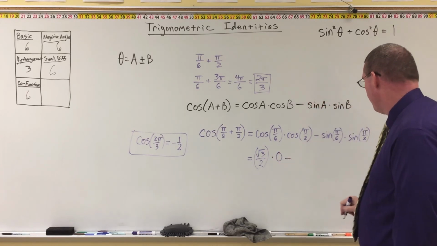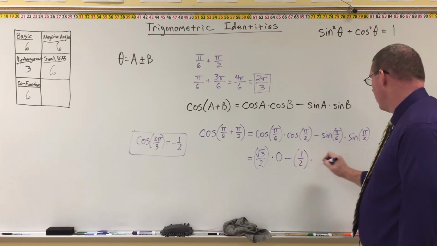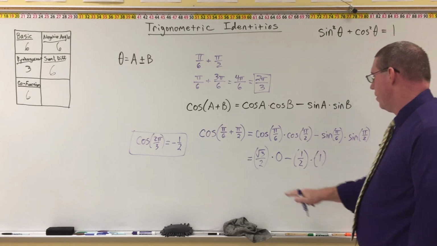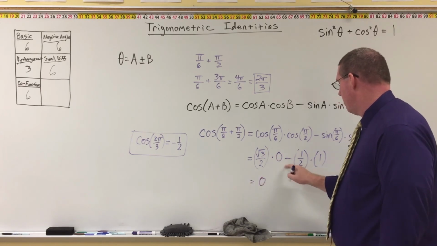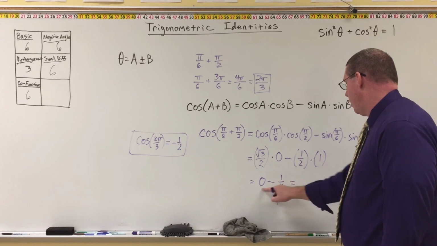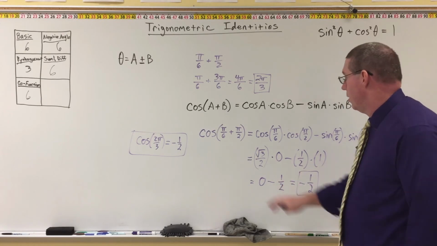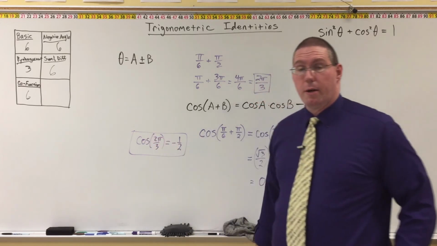Minus sine of pi over 6, well, that equals 1/2, times sine of pi over 2, well, that equals 1. Square root of 3 over 2 times 0 equals 0. Minus 1/2 times 1 equals 1/2. And 0 minus 1/2 is negative 1/2. And sure enough, this is equal to negative 1/2. Cosine of 2 pi over 3 is equal to negative 1/2.